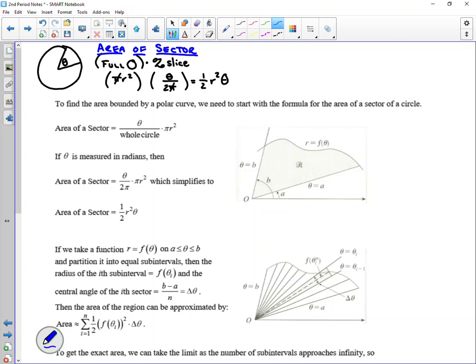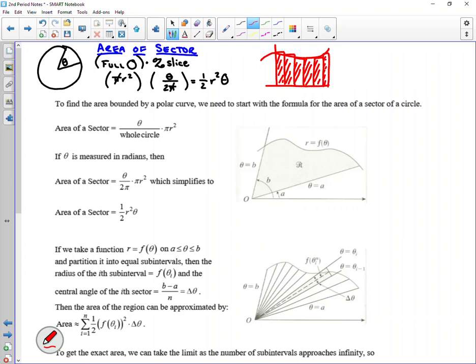So what we do in polars, you know how when we were calculating area for rectangular graphs, we drew little rectangles, right? And then added them all up, a Riemann sum, right? Okay, and then we added up all of these little rectangles. That's why it's called rectangular form.